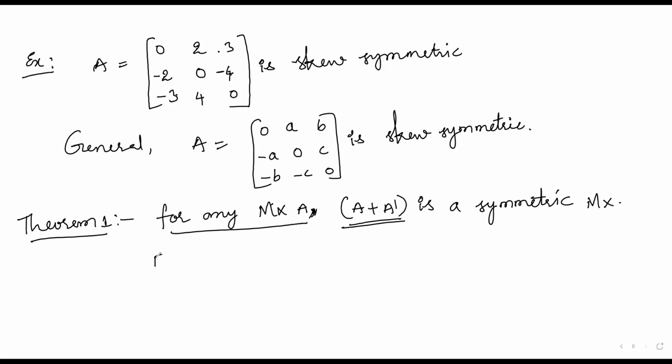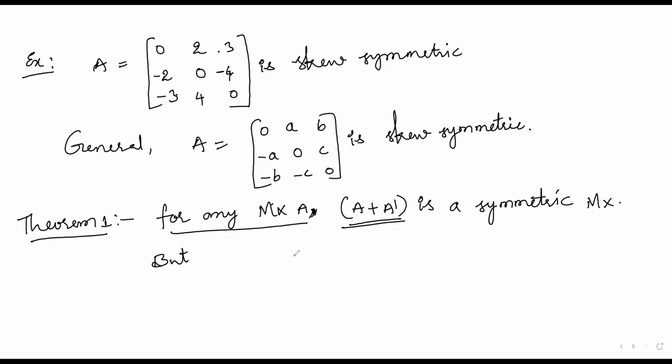But here one thing if you observe, in all the examples we saw, symmetric matrix is discussed only for square matrix. Symmetric matrix is only for square matrix, because the principal diagonal is essential in all of these.